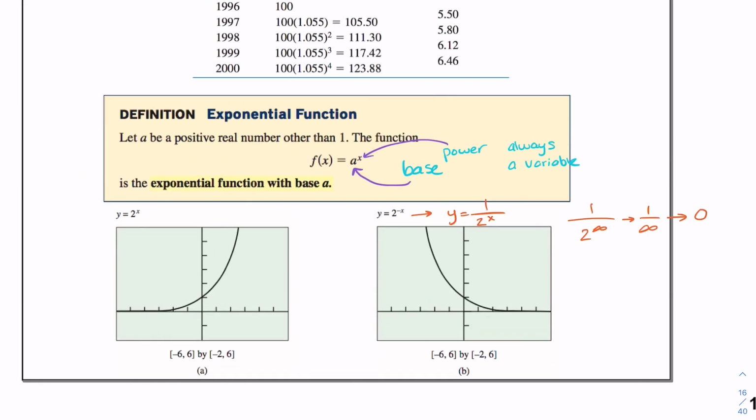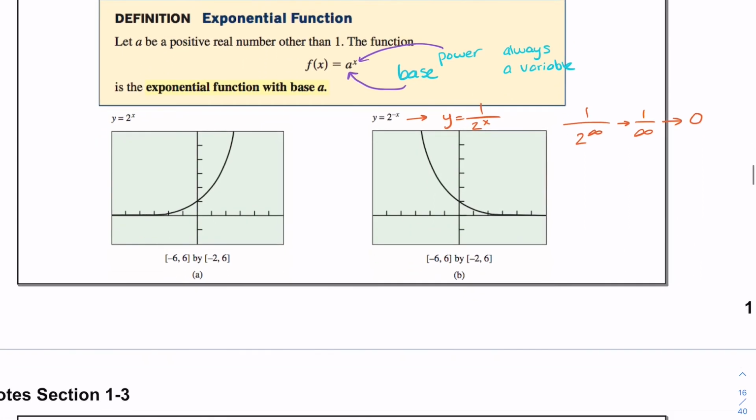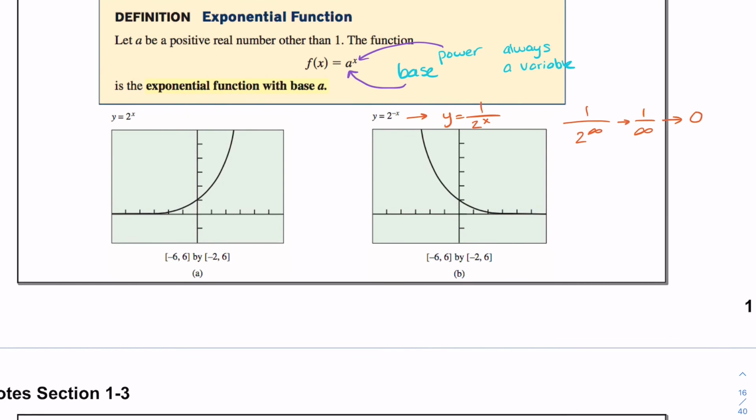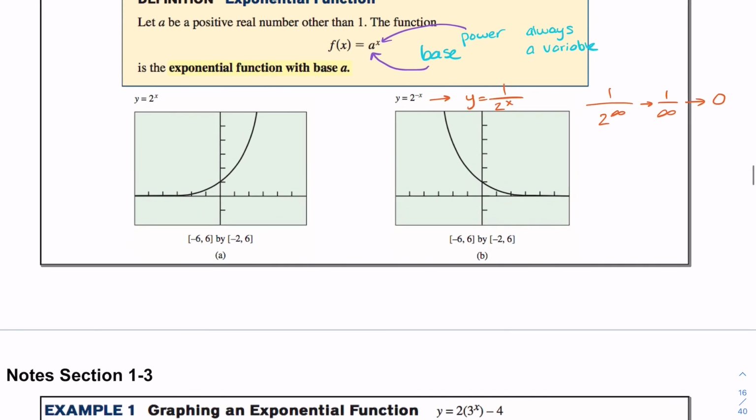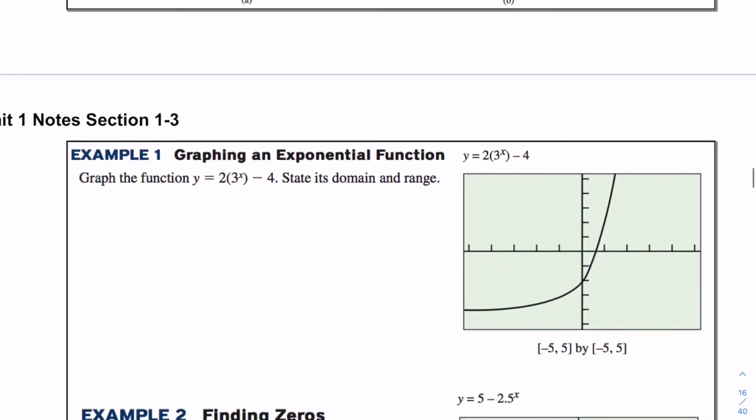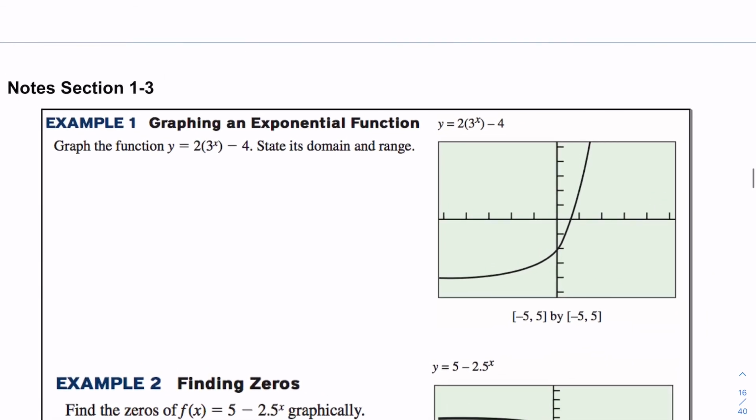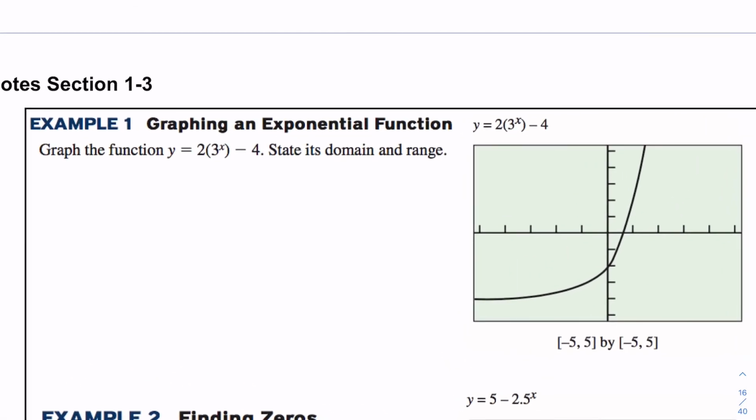There are other ways to flip them and graph them and whatnot, but let's just stick with the basic ones for now, and let's see what the lesson has in store for us. So here, example 1 is graphing an exponential. I've already graphed it for you. Let's save some time.